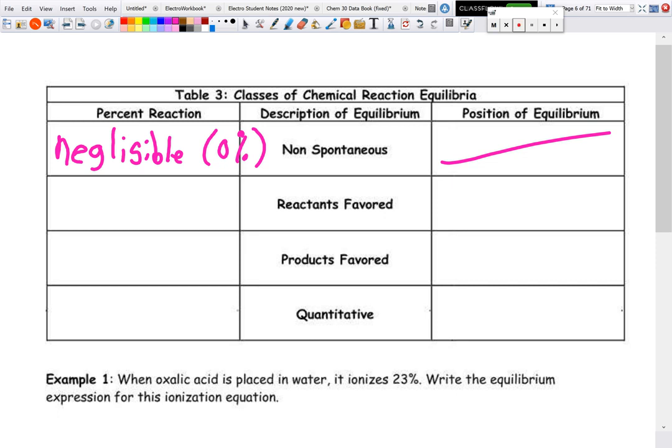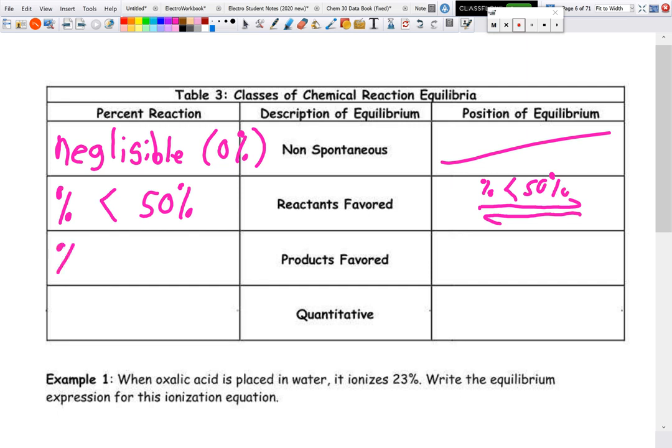For reactants favored, at the end of the reaction there are more reactants left than products formed, so the percent is going to be less than 50%, and we'll see our equilibrium arrow with a percent less than 50% above it.